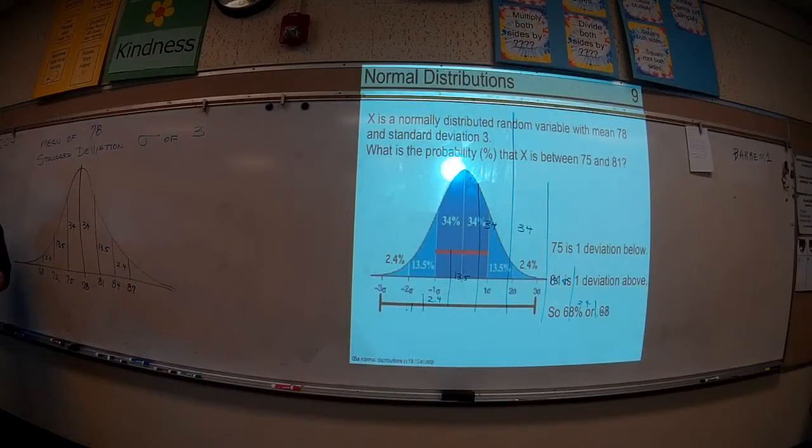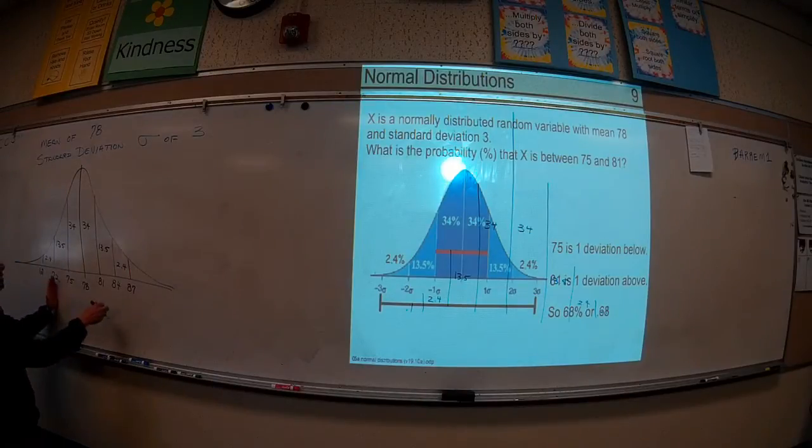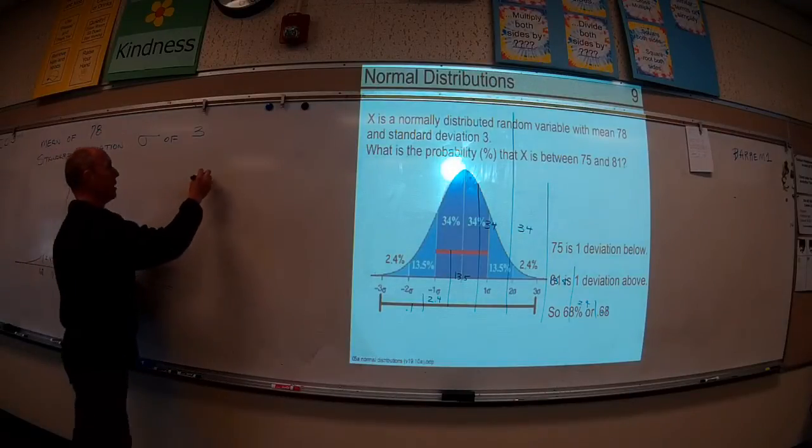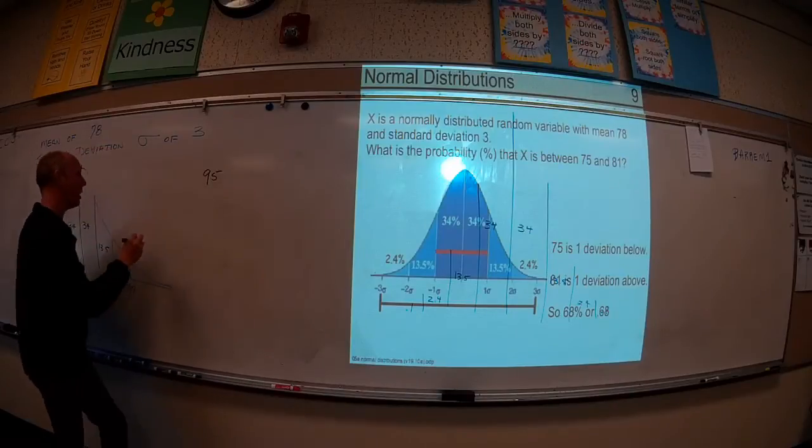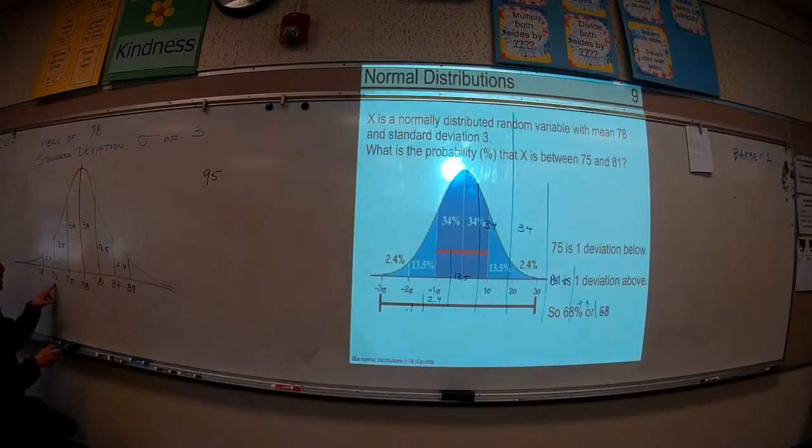Using the top graph, what percent of the population lives between 72 and 84? 95, correct? Using the bottom graph, what percent lives between 72 and 84?